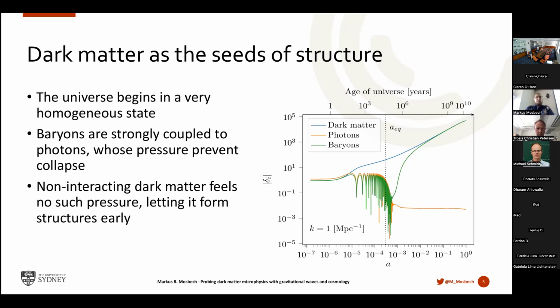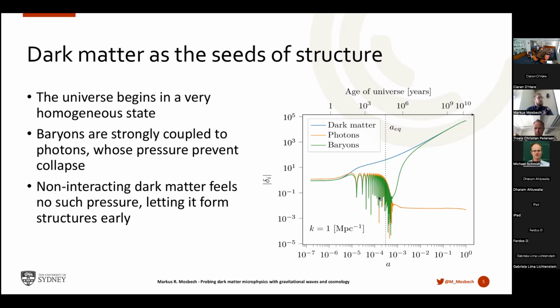If we go into Fourier space, we see this as oscillations, and that's what we see in this little figure. We see the baryon acoustic oscillations here, which continue until the photons and baryons decouple, where baryons are now allowed to form structure and photons just free stream away and become the CMB.